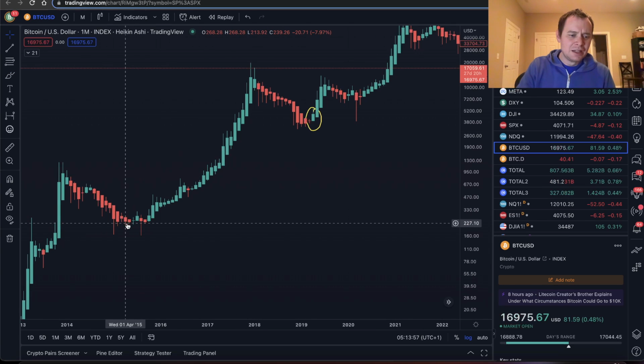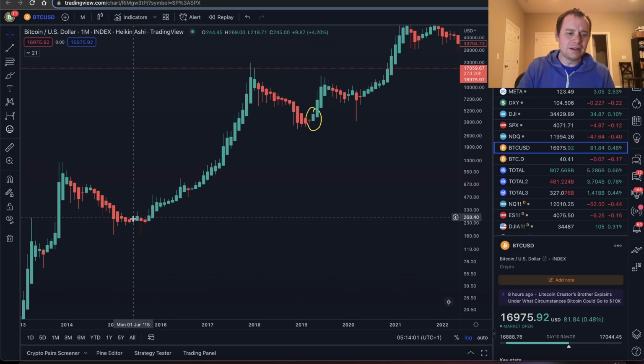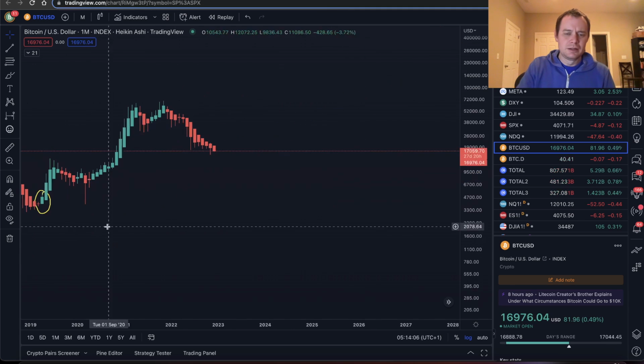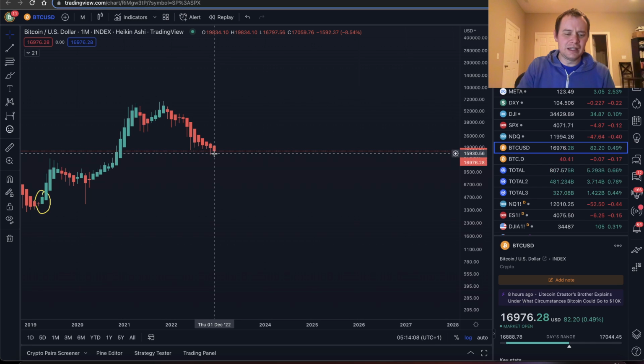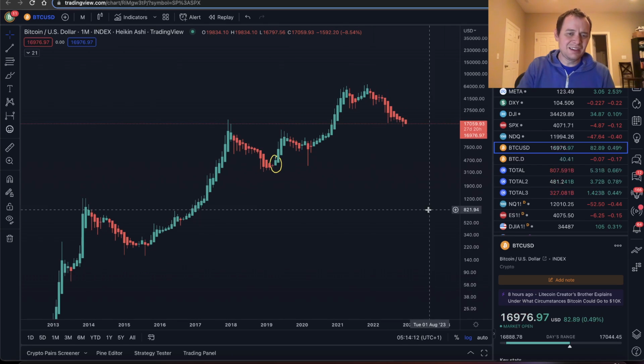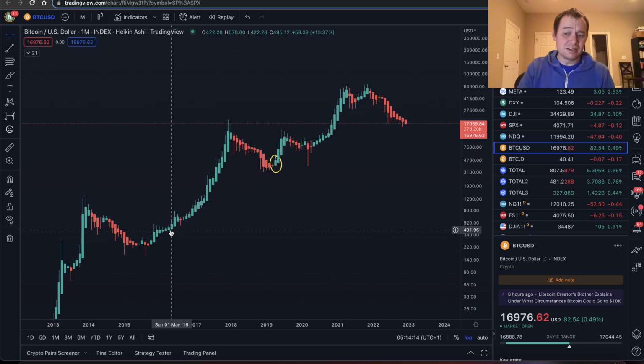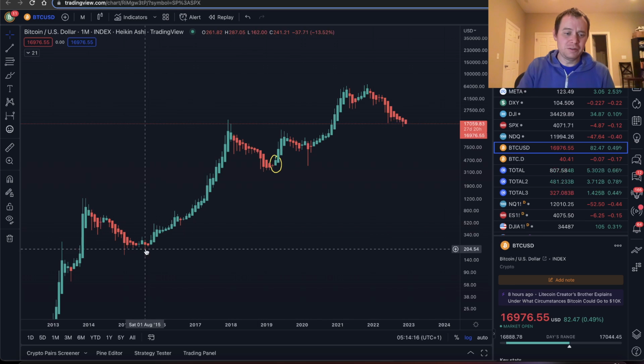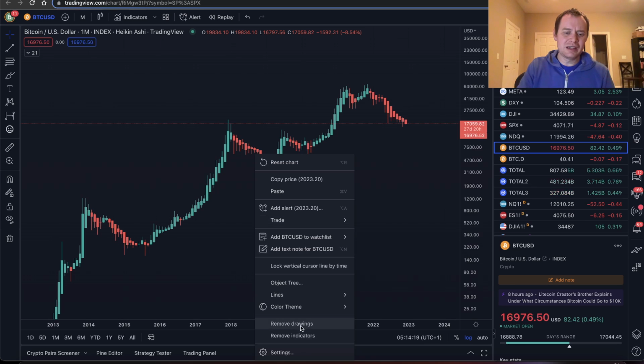If you look at the 2015 bear market, it took until June to see any type of green on the monthly Heikin-Ashi candle, right? So June and April. Right now, we're still sitting in December. So if history is any indication, it could still take several months from this point before you see any green on the monthly Heikin-Ashi candles.